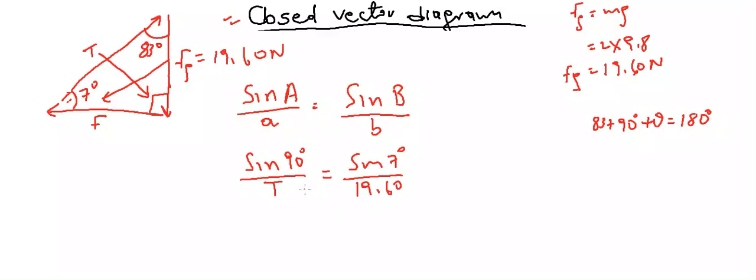When we solve for T, we can cross multiply. This multiplied by that, and this one multiplied by this one.